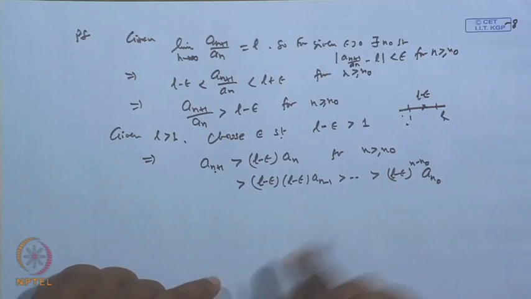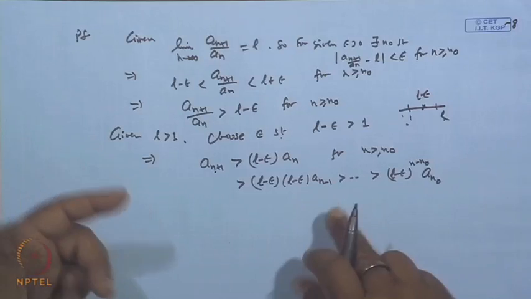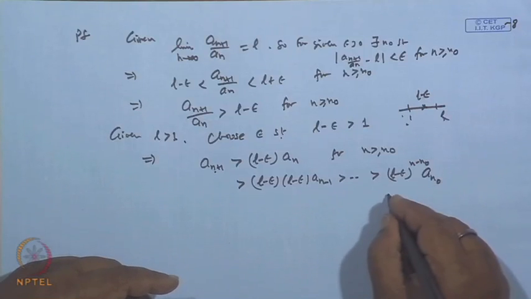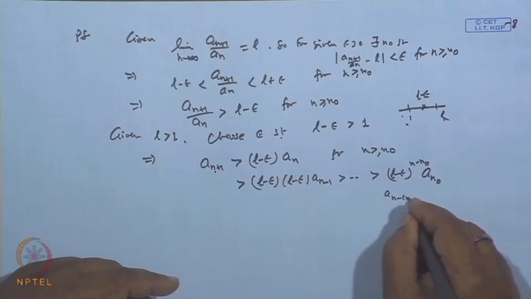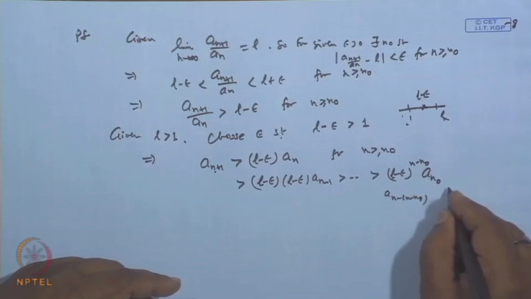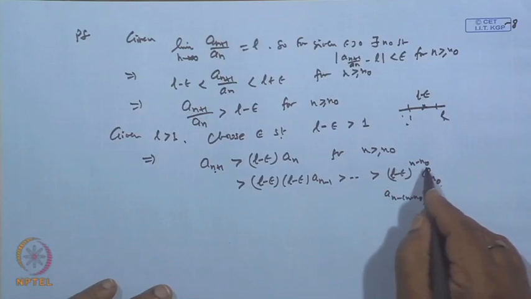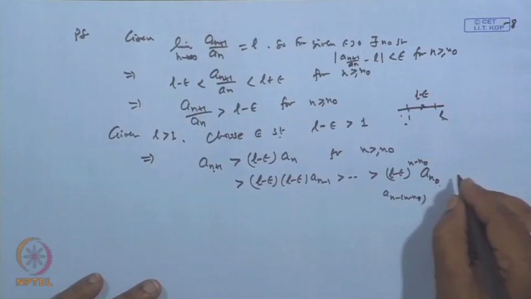Keep on substituting the value, a n minus 1 replaced by a n minus 2, and so on, up to a n minus n naught. So, n minus n naught comes here and this comes out to a n naught. Now, this is greater than 1.